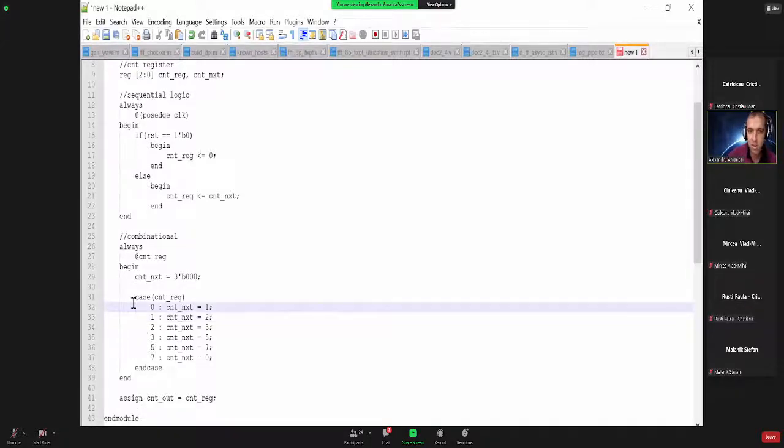In this case, this inquires which is the current value of the count reg, and based on it, it computes the next value of the count reg. So this is how you design. What are the current values of the registers and of the inputs of the circuit usually, and which will be the next value of the registers and the outputs of the circuit. So this is the entire thing.